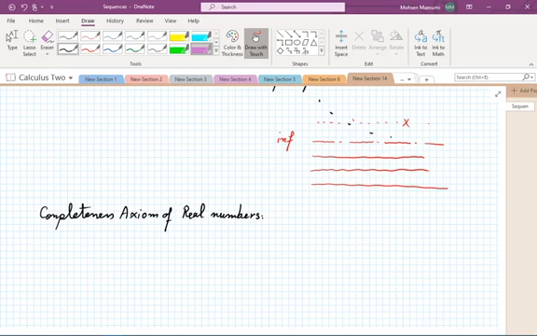It says essentially the following, that if you have a non-empty set of numbers, and this has an upper bound, then it has the lowest upper bound, the least upper bound.